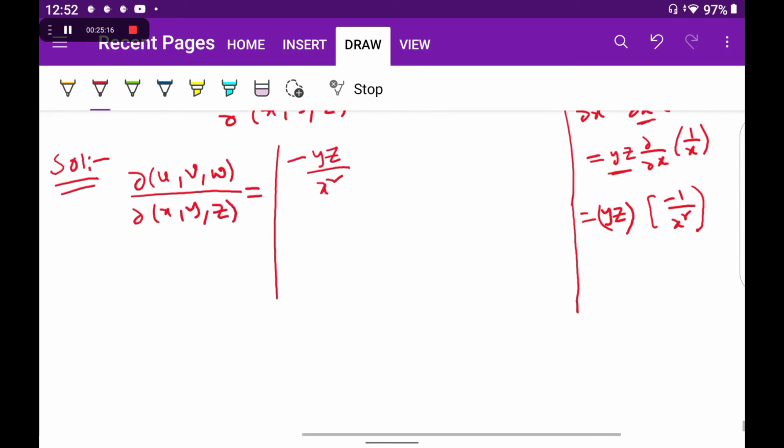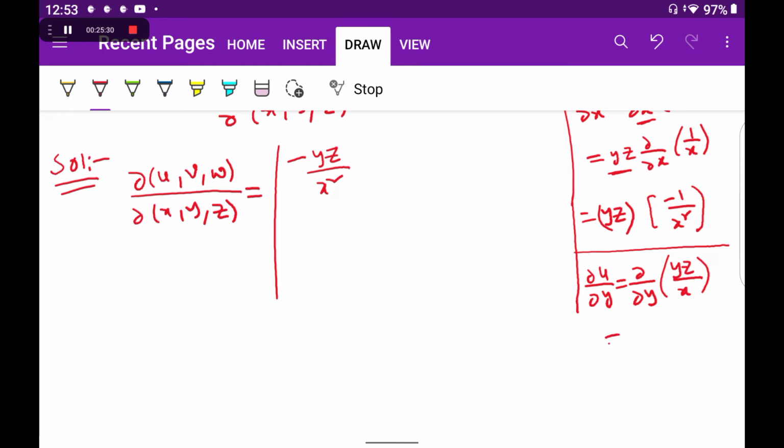Next, dou u by dou y. Dou u by dou y is dou by dou y of yz by x. Now we are differentiating with respect to y. So z by x is constant. You can take it out. Dou by dou y of y is 1. So z by x. When you differentiate u with respect to z, we take y by x common this time.